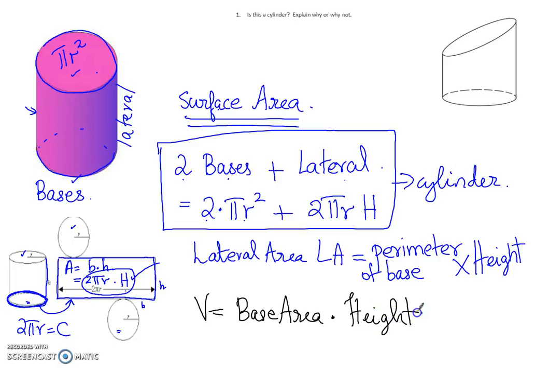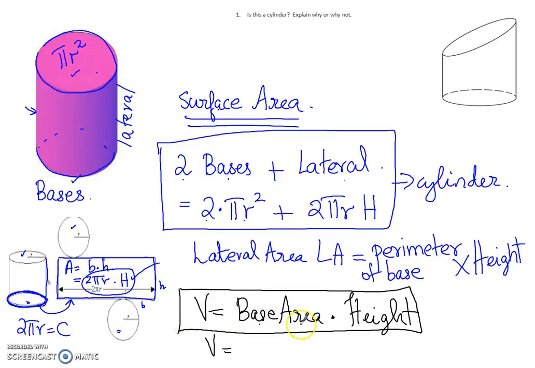In this case, the base is in the shape of a circle, so the base area is the area of a circle, pi r squared, and h is the height of the cylinder. Whatever this lateral edge is goes as the height. So we just discussed the surface area and the volume of a cylinder. Now let's do some problems.